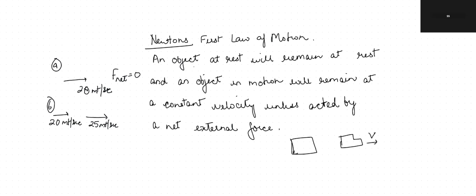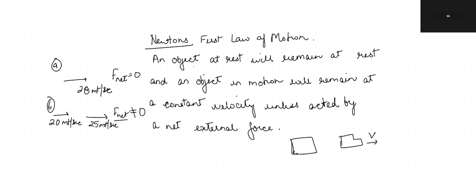In the previous case, the velocity and direction were both the same. In this case, the velocity has increased, so there is a net external force. It is not equal to zero.